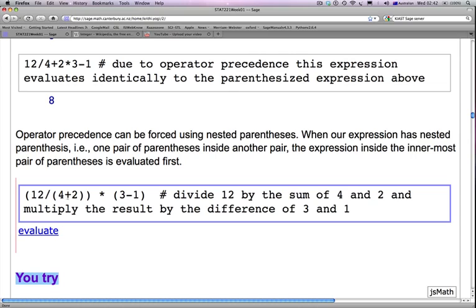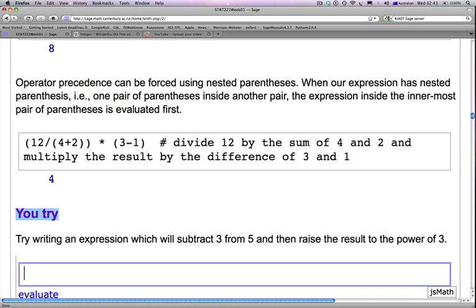So here 4 plus 2 will get evaluated first, so that should be 6, and then 12 divided by 6 is 2, and 3 minus 1 is 2, so 2 times 2 is 4. So we should get 4.